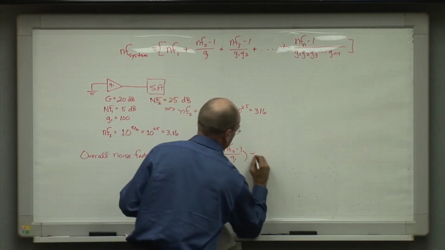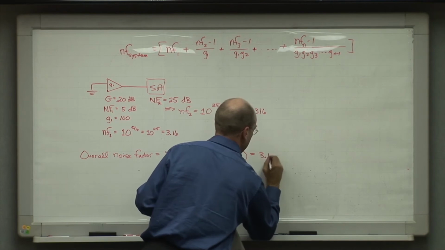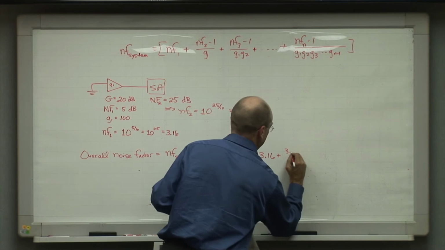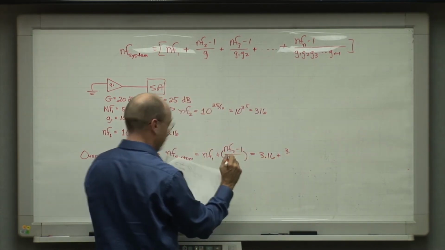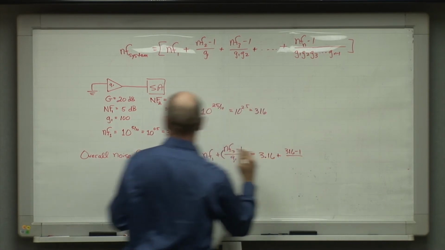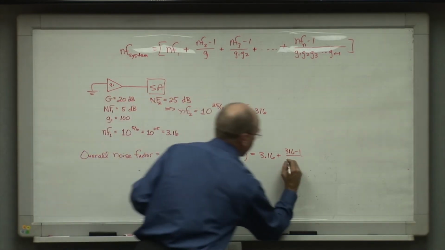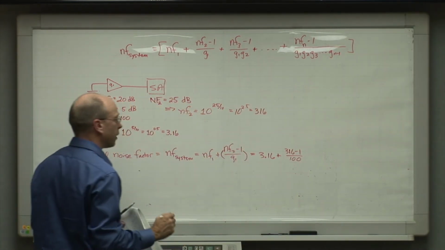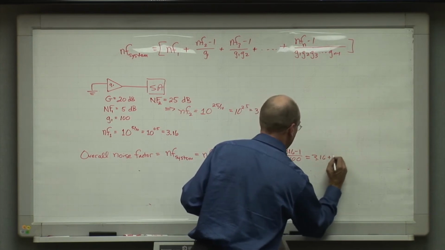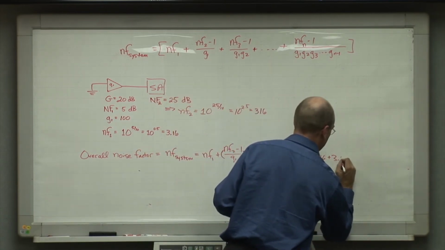Noise factor 1, 3.16, plus 316 minus 1, divided by G1, divided by 100, sorry. Yeah, thanks, Teresa. Right, okay. So that's 3.16 plus 315 over 100, which is 3.15.